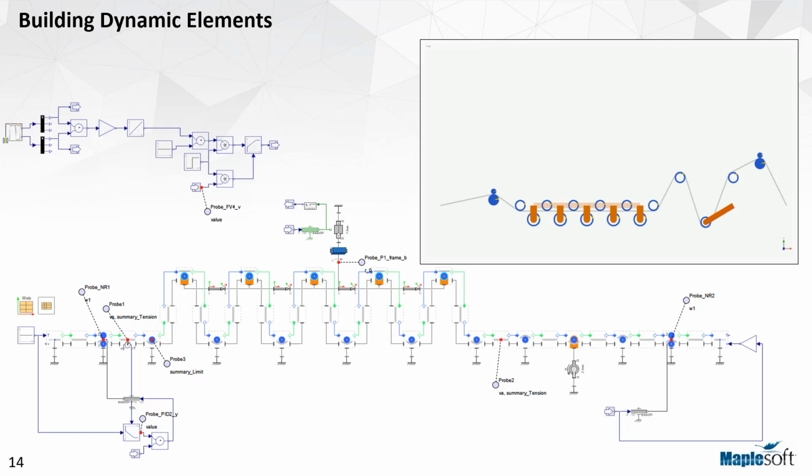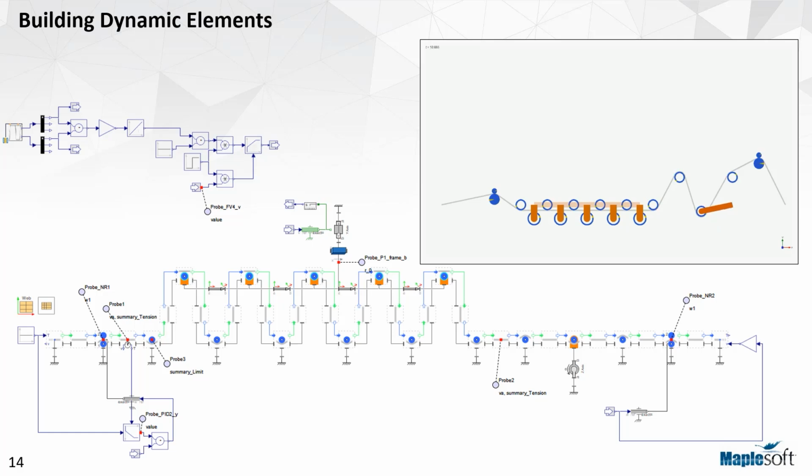As well, there is a dancer on the right. The dancer is passive and the accumulator is actuated using some of the control schemes that you see at the top of the screen as well. Lastly, the two nips on either end are also controlled. So I'll start the visualization. The nips are currently stopped.